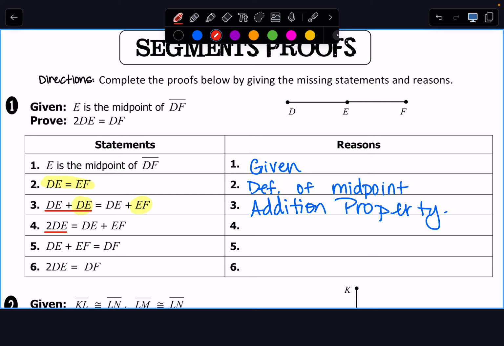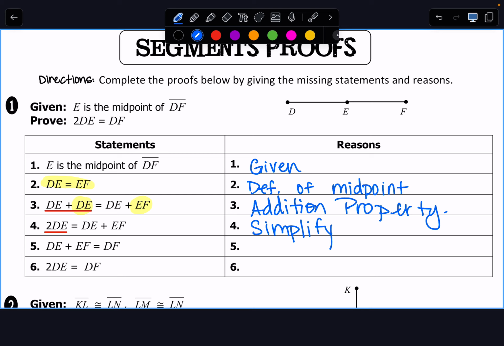Just to be easier, I'm just going to write the word simplify. Like combine like terms? Yeah.